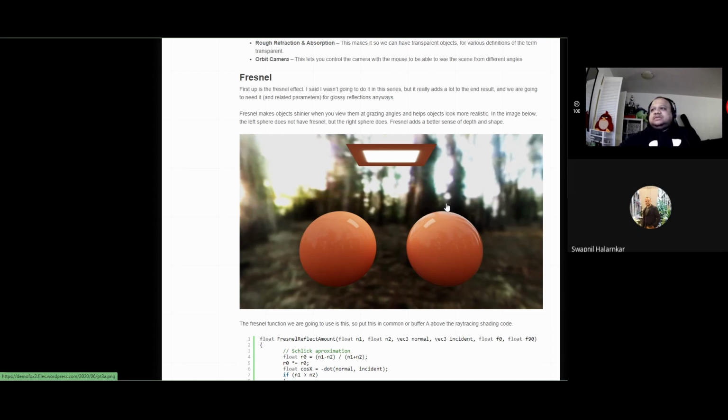Because then it is facing the light, and that reflection will be more when it is coming towards you. Angle plays a big role in how reflective that object will be. So in reality, this point will be less reflective, and this point will be more reflective, just because of the object's facing angle.